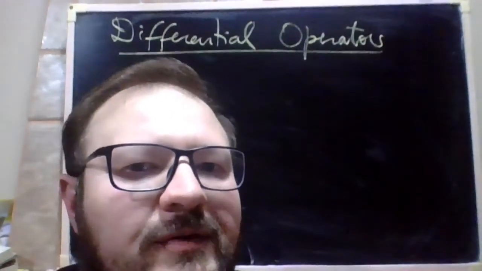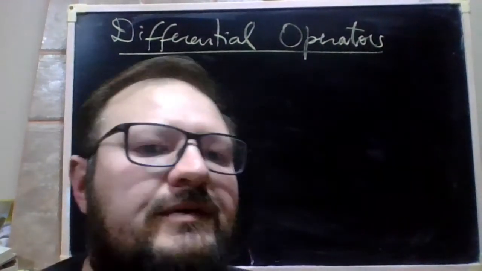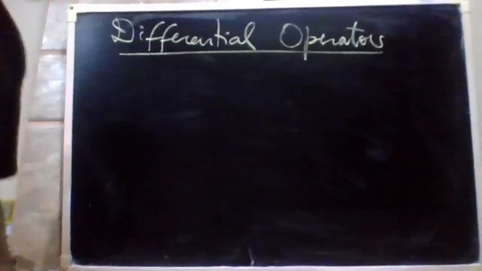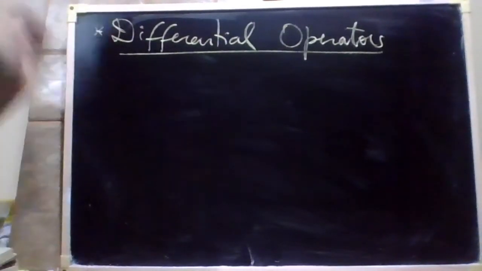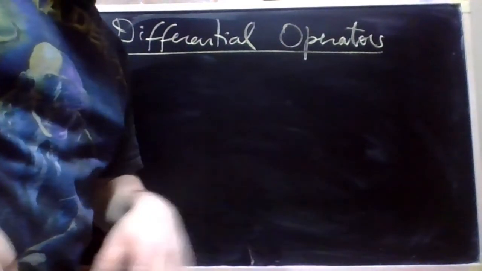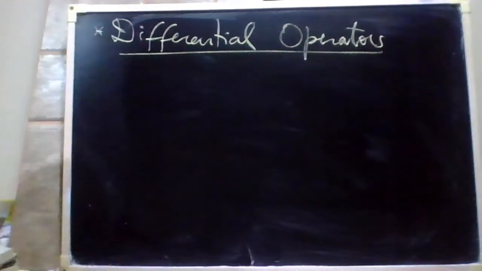I will talk about the differential operators, which I mentioned previously as matrices in some limit. I'll discuss it briefly just to show you that differential operators are some kind of limit of matrices.